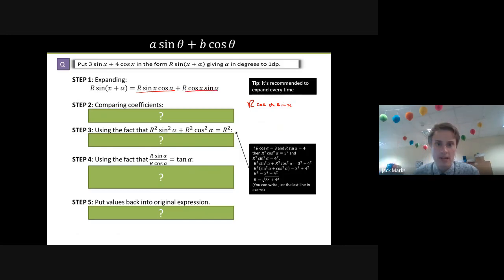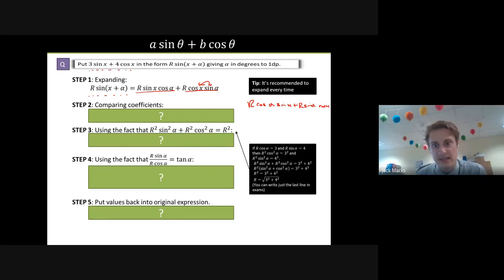And then this part here, again, I'm going to change the order of these parts. You'll see why in just a second. So yeah, let's expand the r: r sine alpha cos x. So that's what happens when you expand out this form. And this form is supposed to be the same form that we're supposed to write this in.